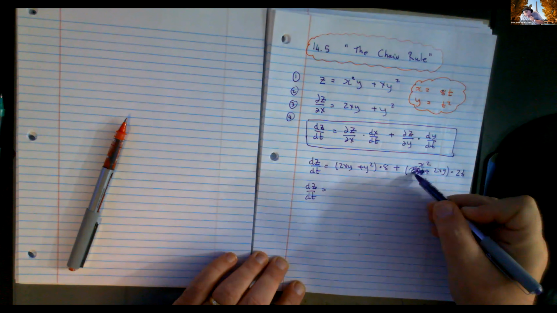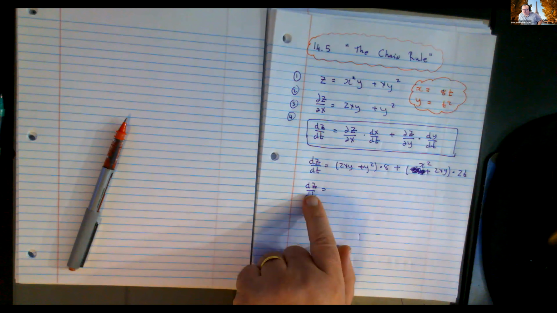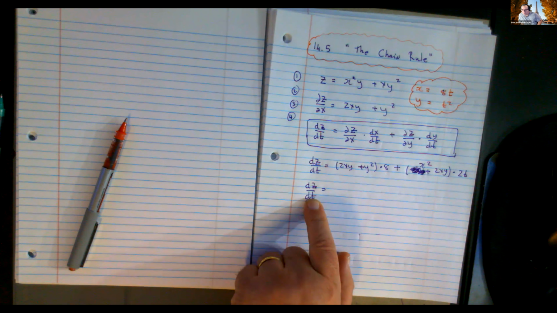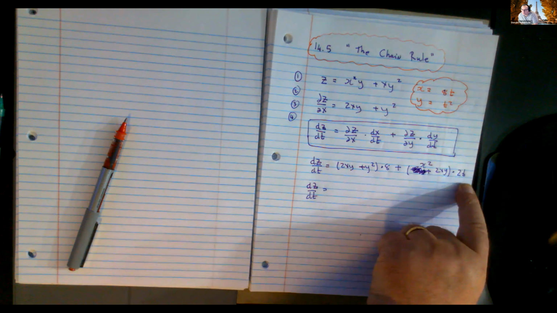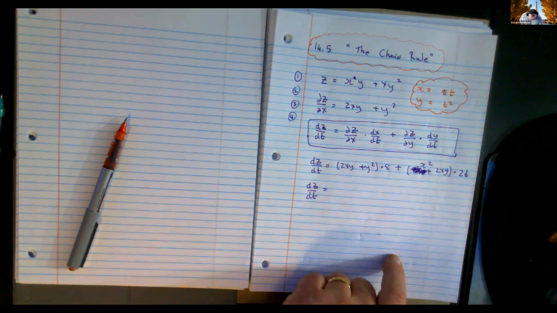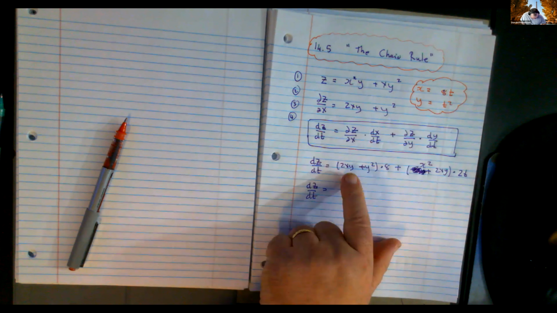But that is not going to be the end. What do you think you are expected to do in a question like this, where you're being asked to find the derivative of z with respect to t? Do you think you should leave everything as x's, y's, and t's? So would you agree it makes sense that everything should be turned into t's? And how am I going to do that? Well, every x is going to be 8t, and every y is going to be t squared.